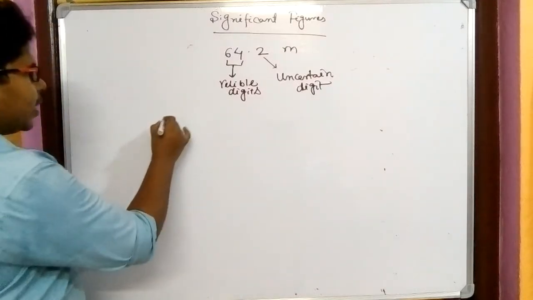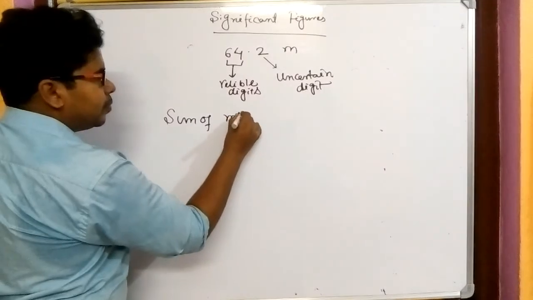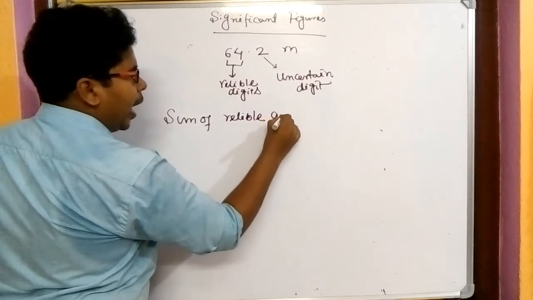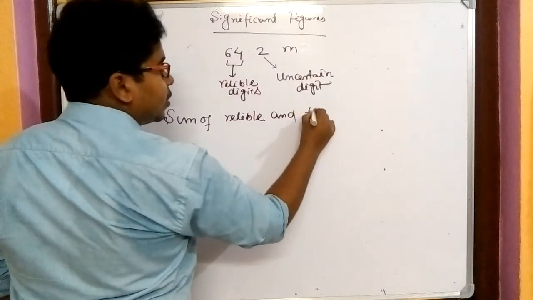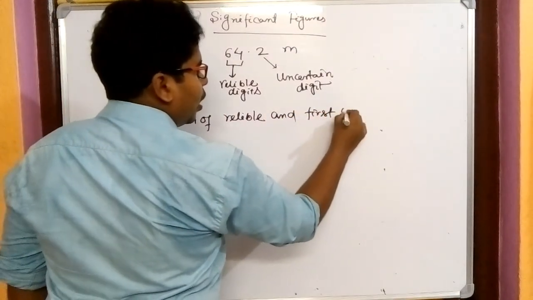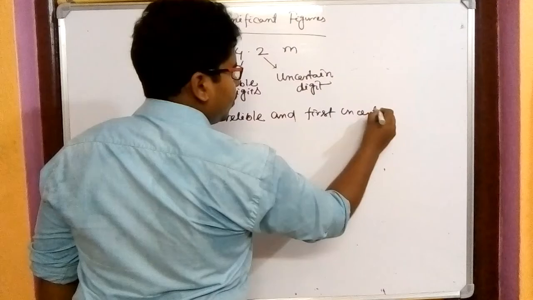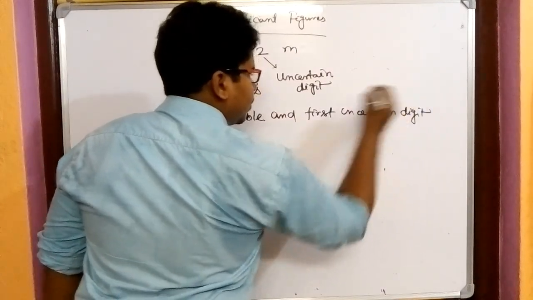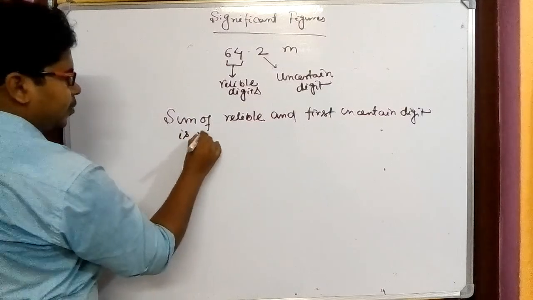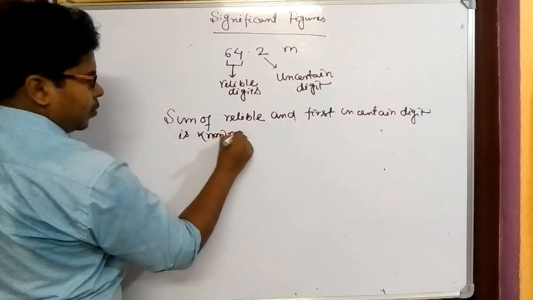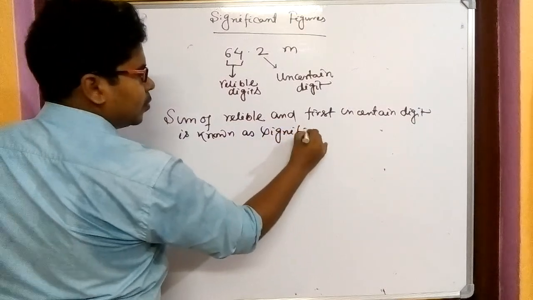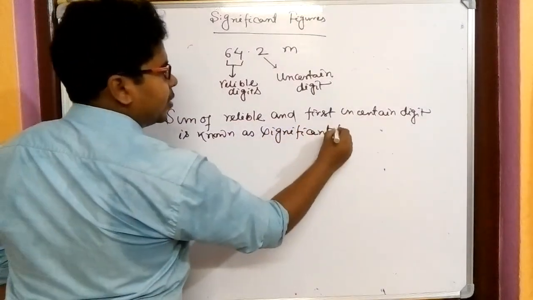Now the sum of reliable and first uncertain digit is known as significant figure.